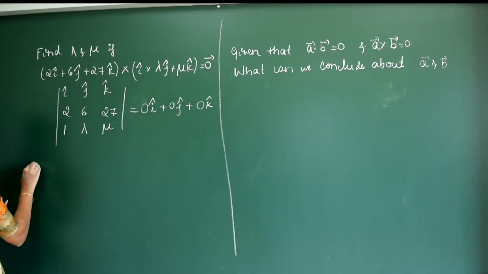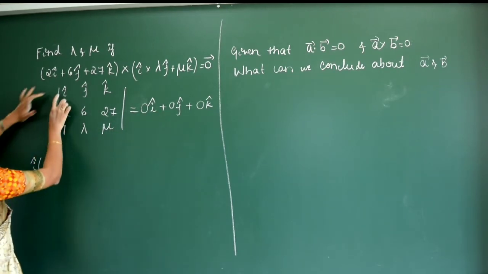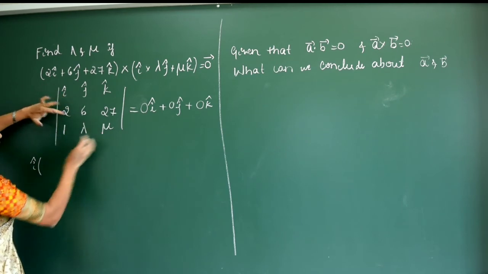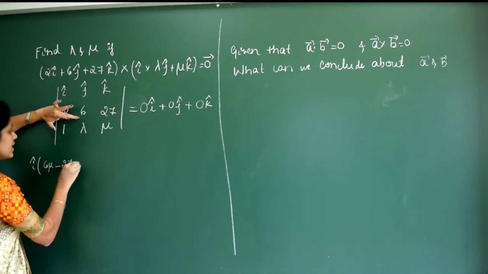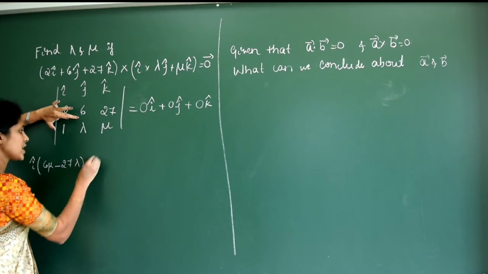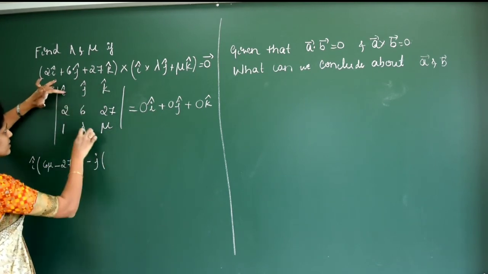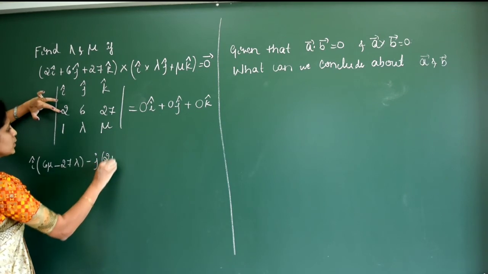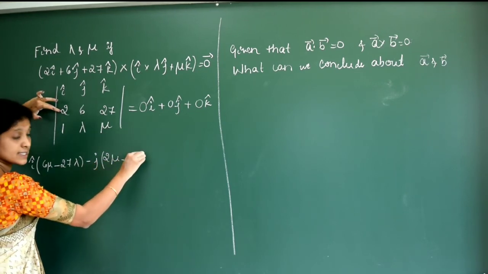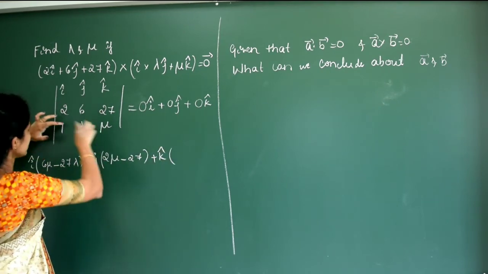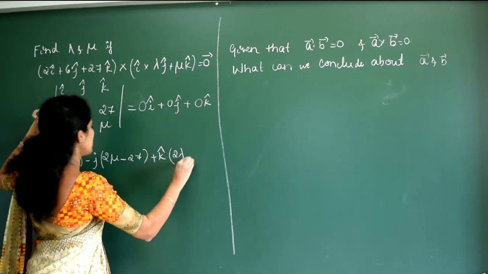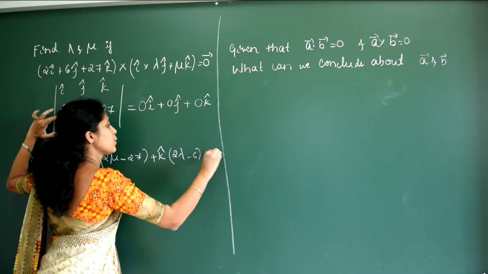Now expand this. i cap into, delete first row and first column, so this will be 6 mu minus 27 lambda, minus j cap into, delete this row and column, so this will be 2 mu minus 27, plus k cap into, delete this, 2 lambda minus 6, is equal to the 0 vector.